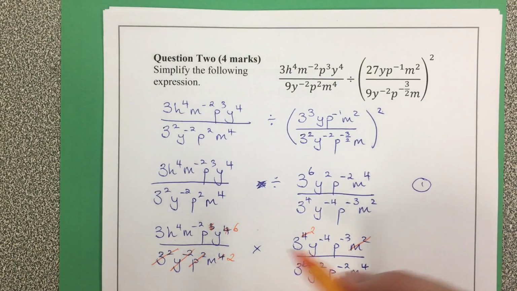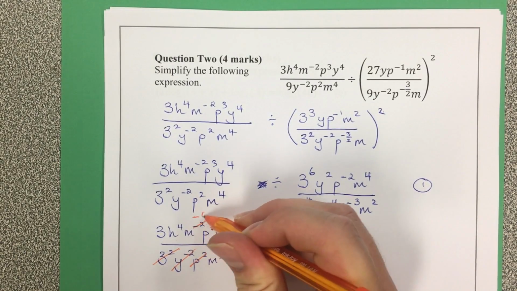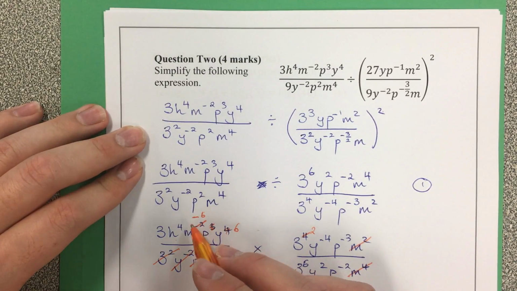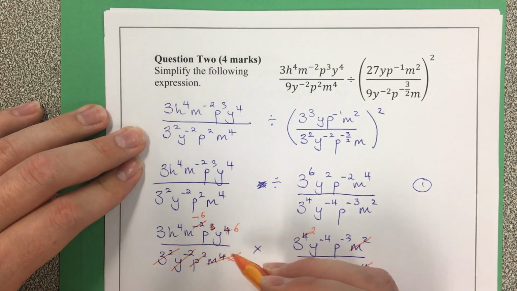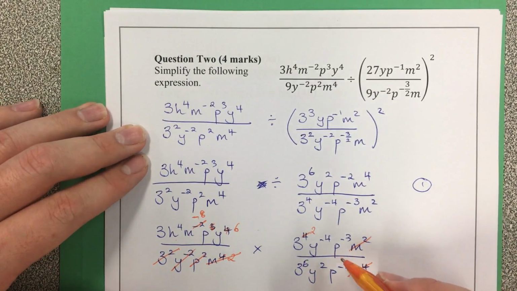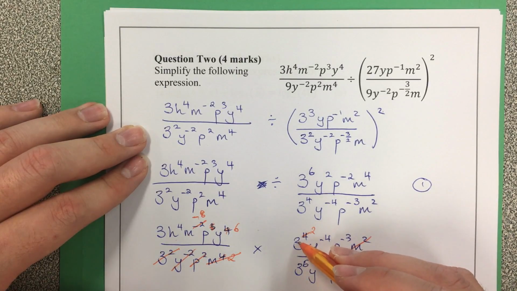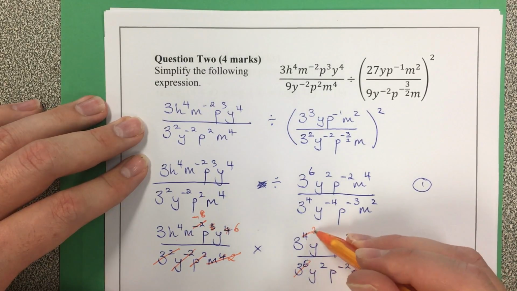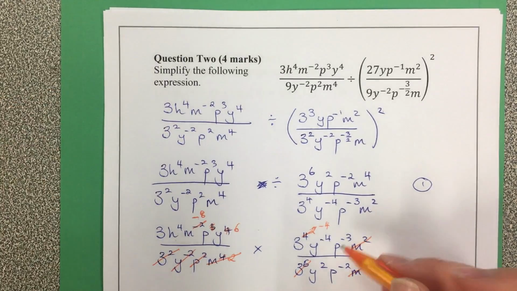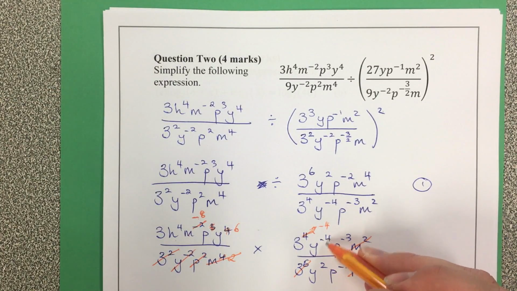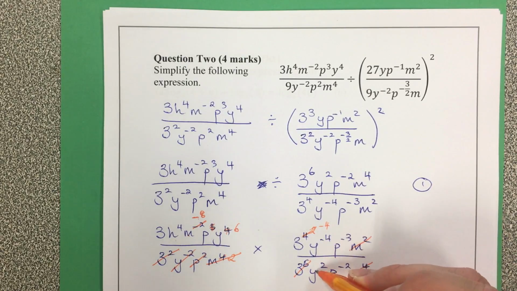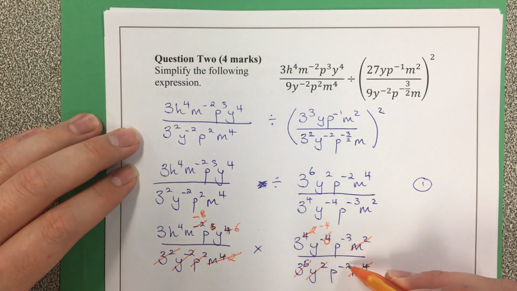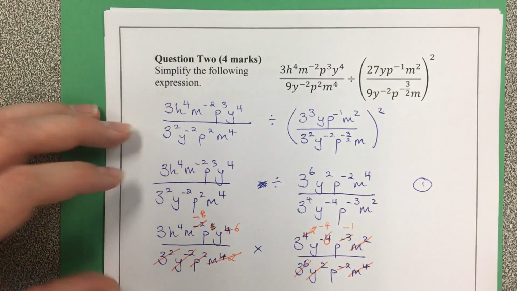Negative 2 minus 4 is going to make that minus 6. m to the negative 6 divided by m to the 2 is going to make that negative 8. 3 to the power of 2 divided by 3 to the power of 6 is going to make that, so 2 take away 6 is negative 4. y to the power of negative 4 divided by y squared, so negative 4 minus 2 is going to make that y to the negative 6. p to the negative 3 minus 2 is going to make that p to the negative 1.